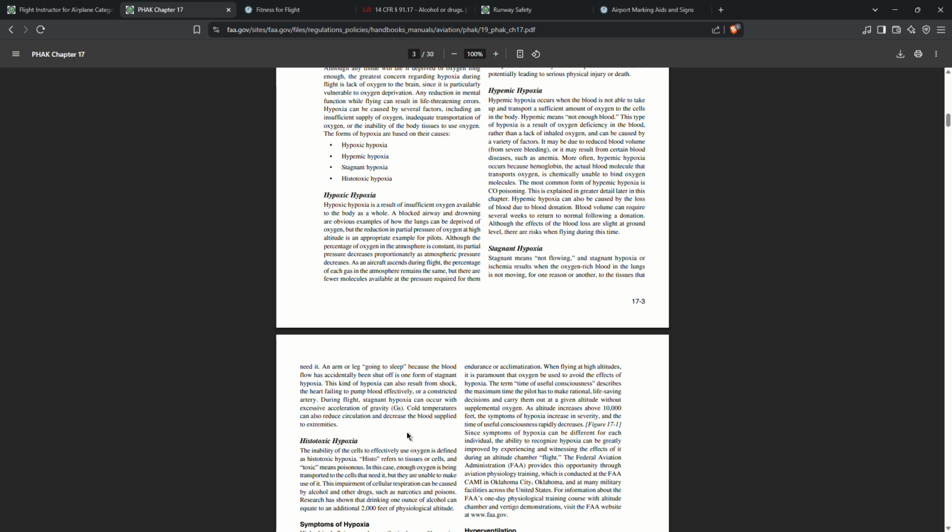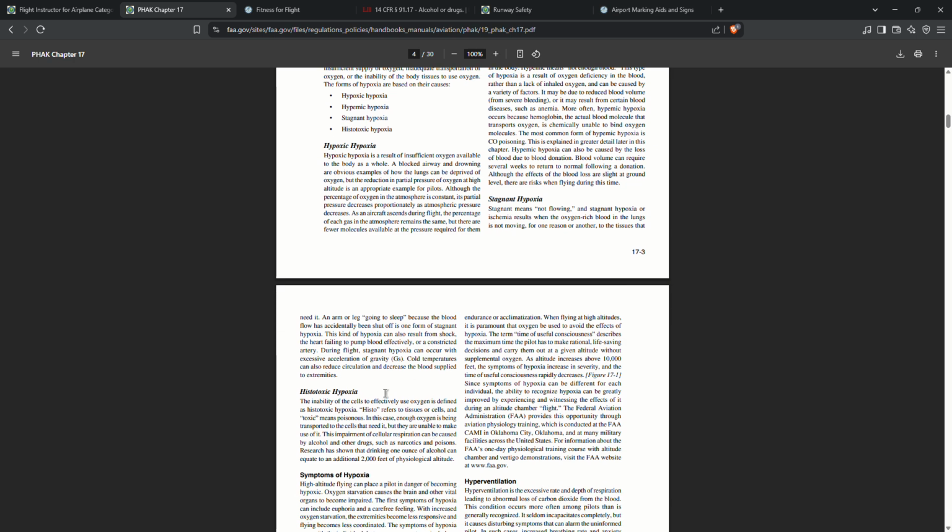Hypoxic hypoxia is your general altitude hypoxia, reaching that high altitude and not being able to get that oxygen to your system. Hypemic hypoxia usually relates to blood thinners, things that make it so the blood has difficulty carrying that rich oxygen. Stagnant hypoxia, for example, is your leg going to sleep.